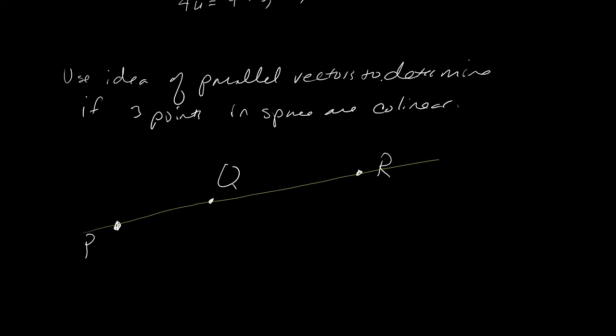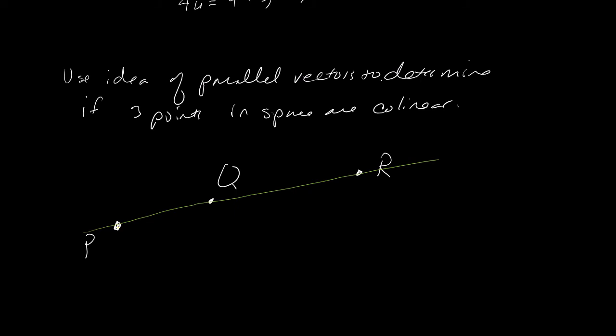But maybe there's some perspective going on here, where this P point is actually closer to me than it appears, so I get this, but then I have to change direction to get back to R. Maybe there's some perspective that I can't see because of the angle where I'm looking at these things. So the question we have is, is this collinear?